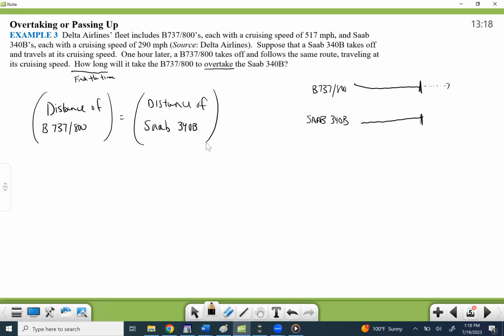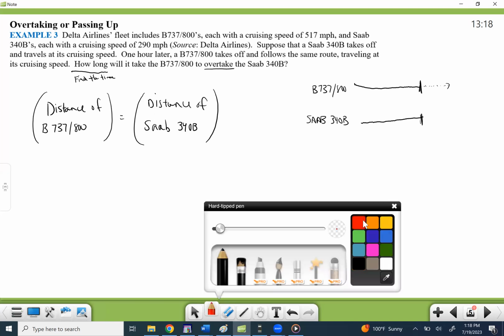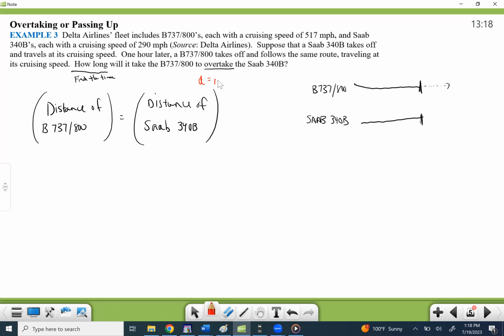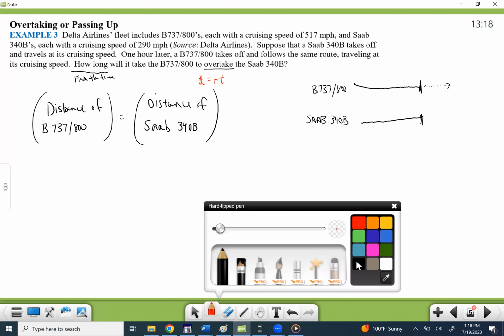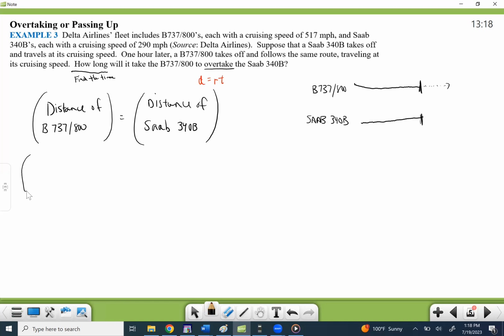So make sure you understand that. Like when one plane finally passes up, overtake means passes, right? It's going to pass it once their distances are equal. That's why we set the distances equal. And now distance, well, we know what distance is. Distance is rate times time from that last slide. So what we're going to need is to replace the distances with rate times time. So we're going to need the rate of the B737-800.